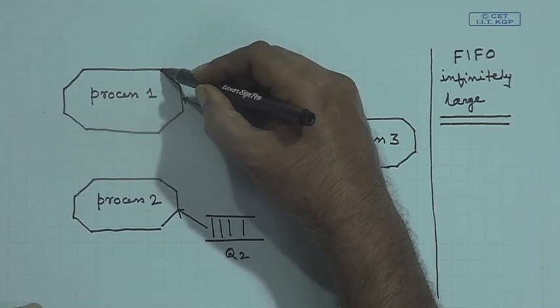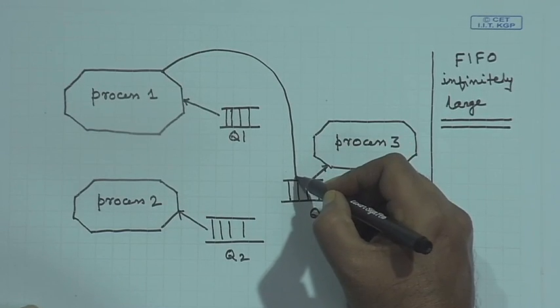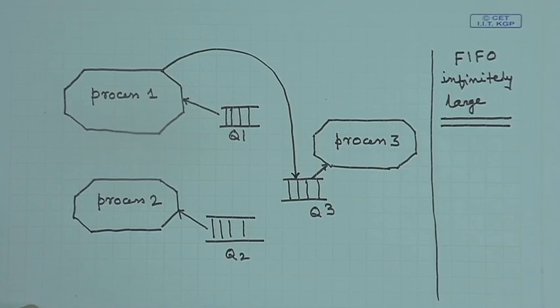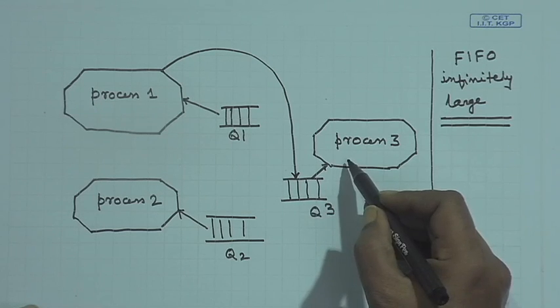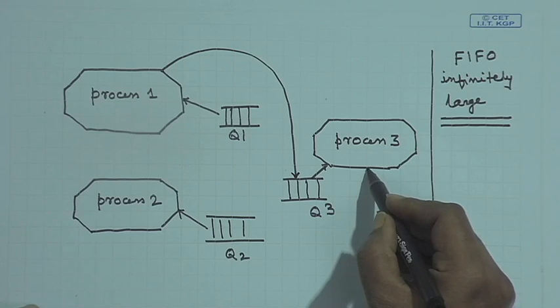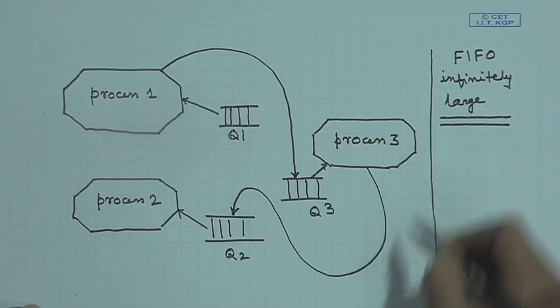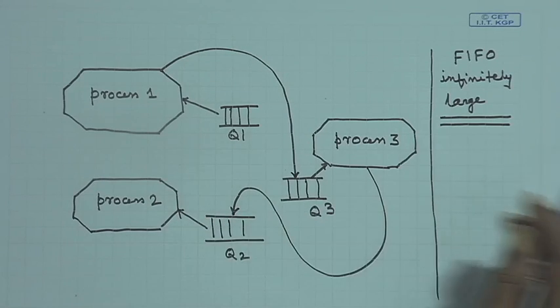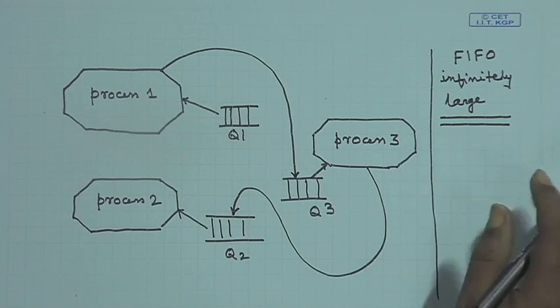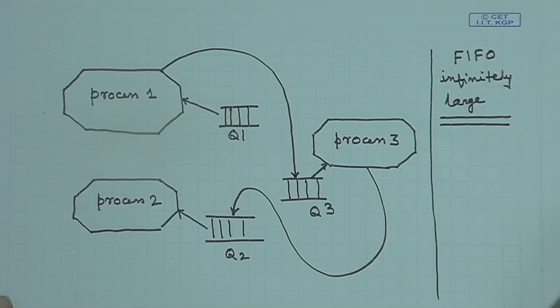So, it can put that in this queue, suppose it is for Q 3. Similarly, this one will read from this Q 3 and may produce an output into this, and so forth. Okay. So, that is the way the communication among SDL FSMs is done.